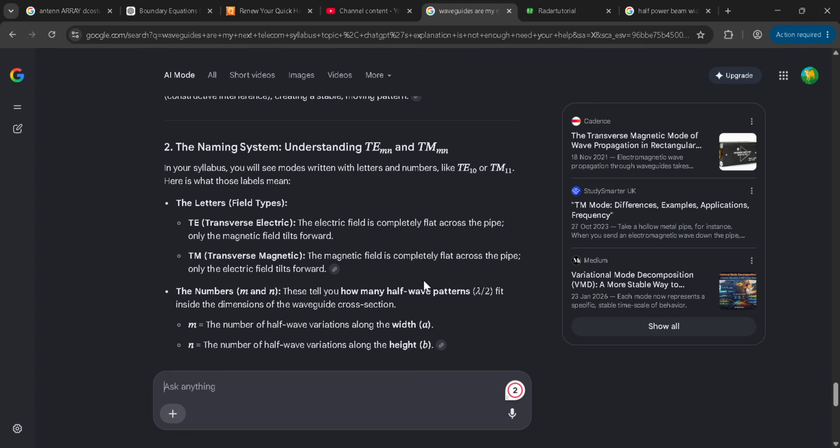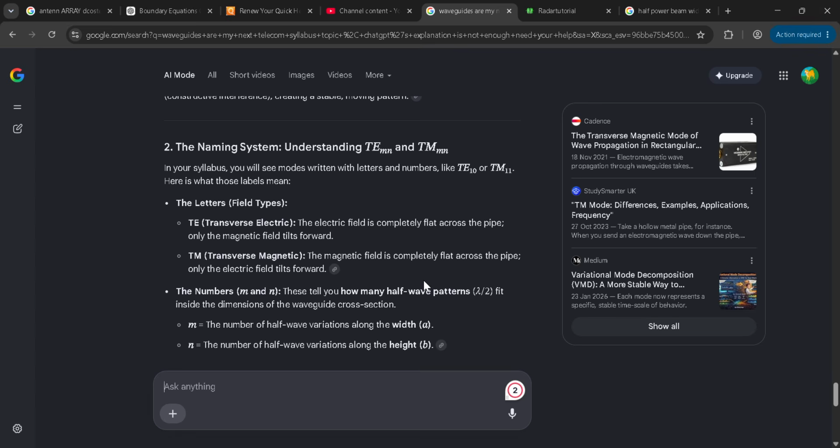The signals travel inside a waveguide in two primary configurations: transverse electric modes and transverse magnetic modes. In transverse electric modes, the electric field is entirely perpendicular to the direction of propagation. Propagation is where the wave is moving. The electromagnetic wave bounces, right?